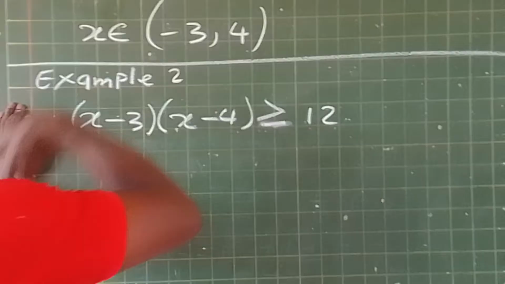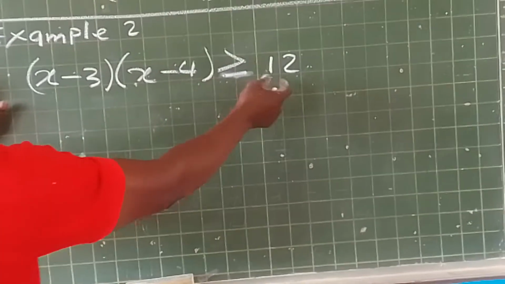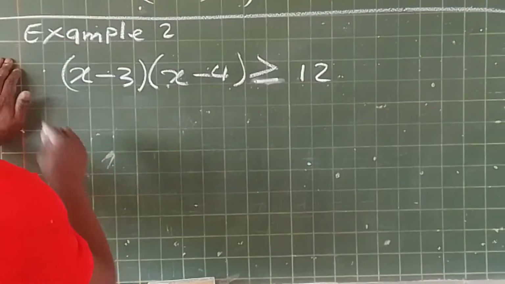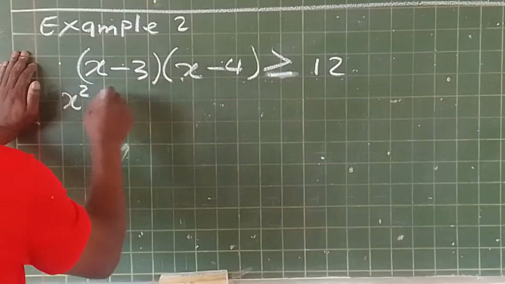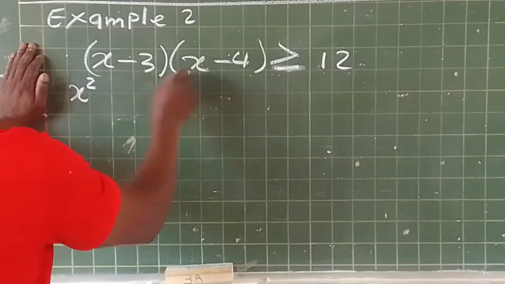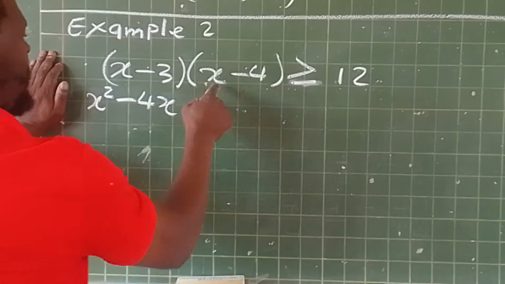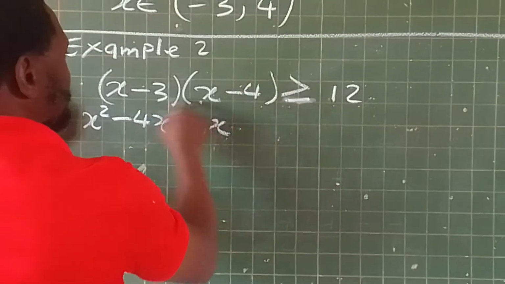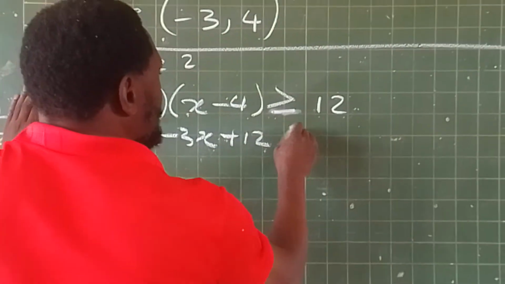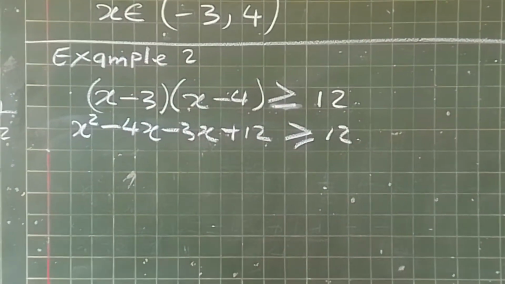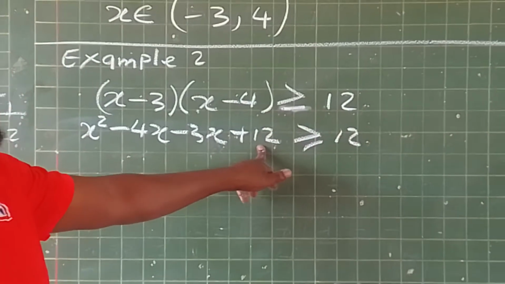We cannot just take it, we multiply it back so that we can get a constant value as 12. We are going to say x squared, you distribute: x squared minus 4x minus 3x plus 12 is greater or equals to 12. You see now, this 12 is going to neutralize this one.